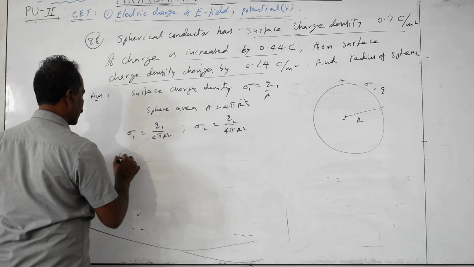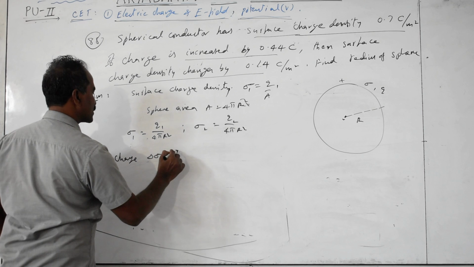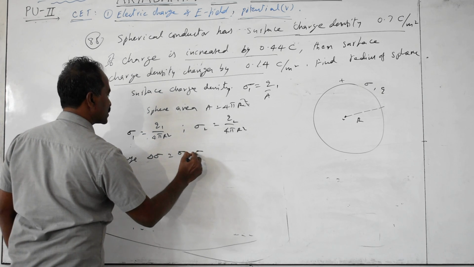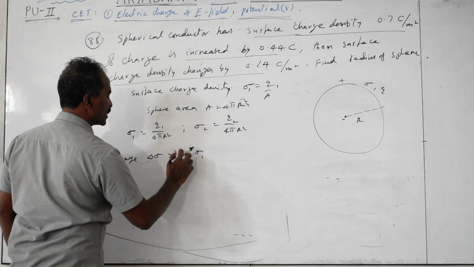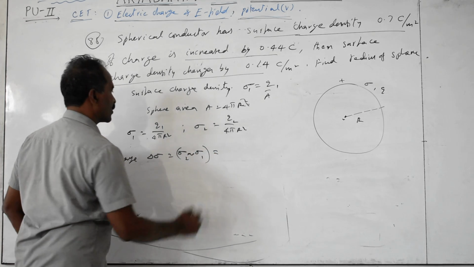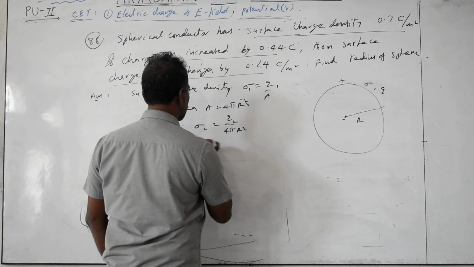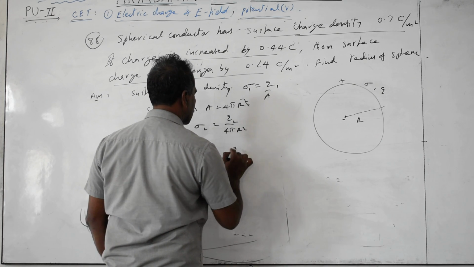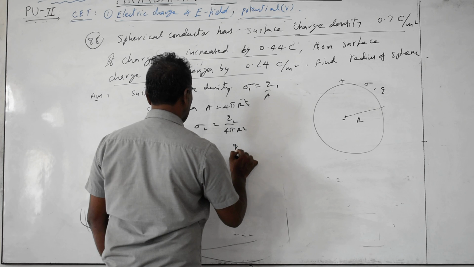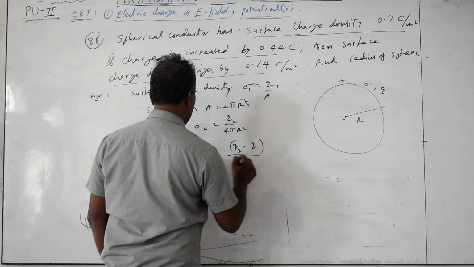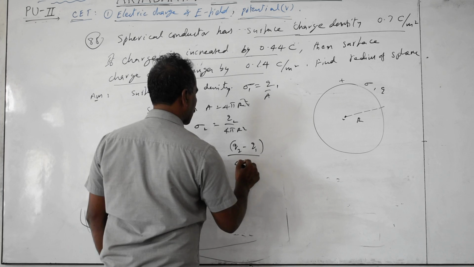Change is delta sigma, which is sigma 2 minus sigma 1. The difference can be an increase or decrease, it does not matter. That is 1 by 4 pi r square into q2 minus q1, which is equal to q2 minus q1 by 4 pi r square.